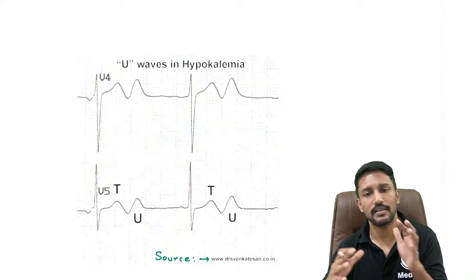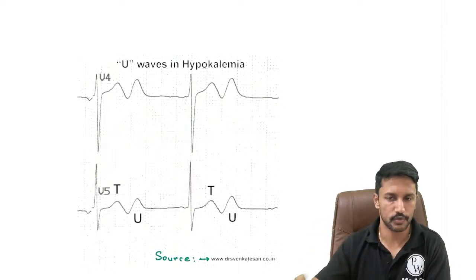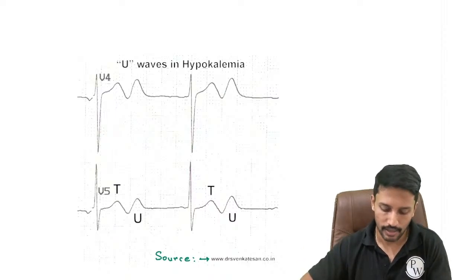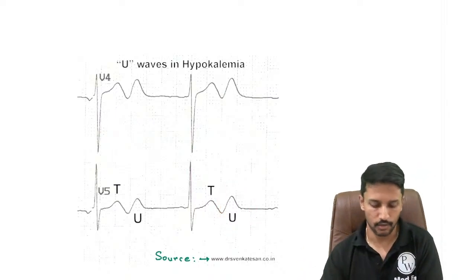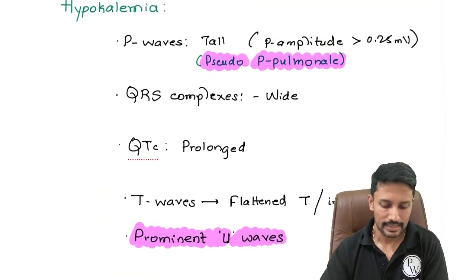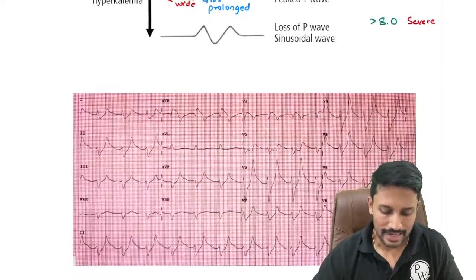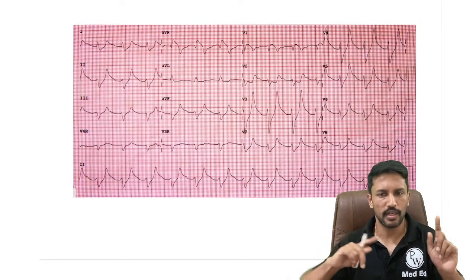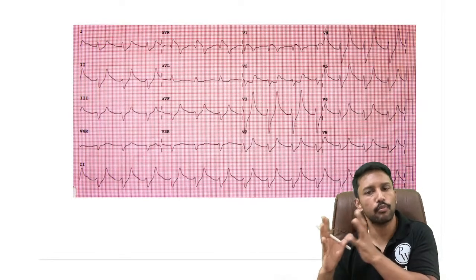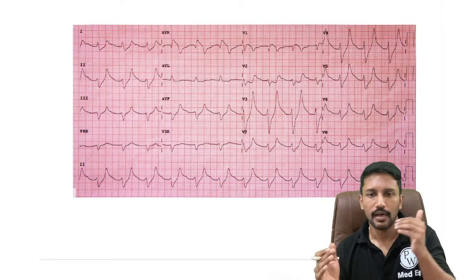When the patient had acute gastroenteritis, he lost a lot of potassium through fluid loss. So he has developed hypokalemia, and that hypokalemia is responsible for the U waves, right? That's the understanding of hypokalemia. It is kind of opposite to hyperkalemia, and the extra point to remember here is the presence of prominent U waves, right?